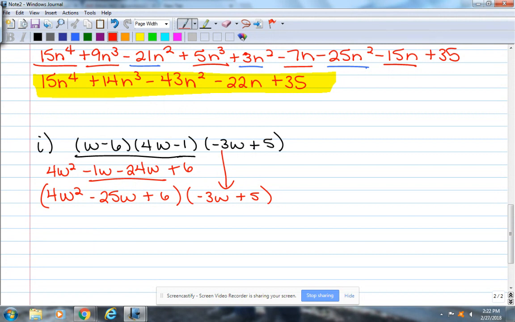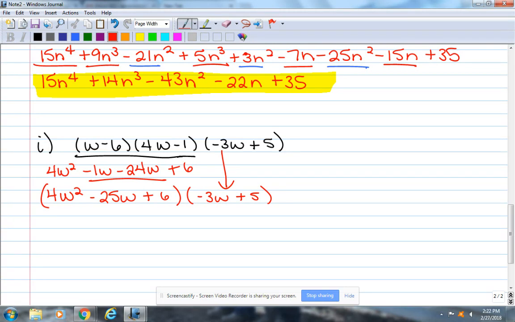And then I've got to multiply that times -3W plus 5. Now this is a binomial times a trinomial. So if you want to, on your paper, you can reverse the order, right? Or you can do it without reversing the order, which is what I'm going to do. You're still going to take the -3W and multiply it times all 3 terms, and then you're going to come back and take the 5.